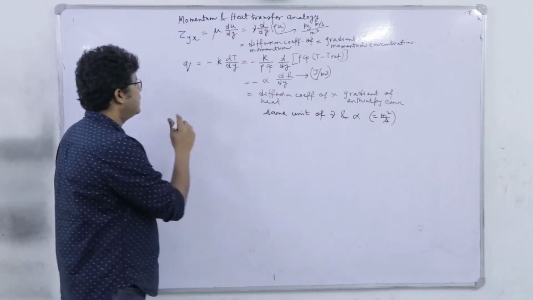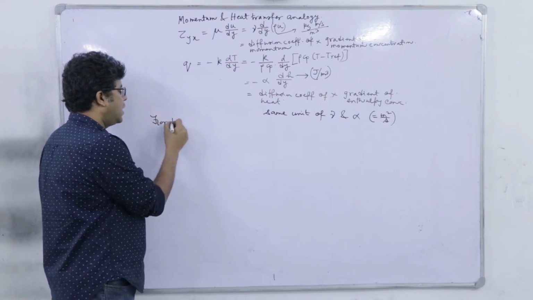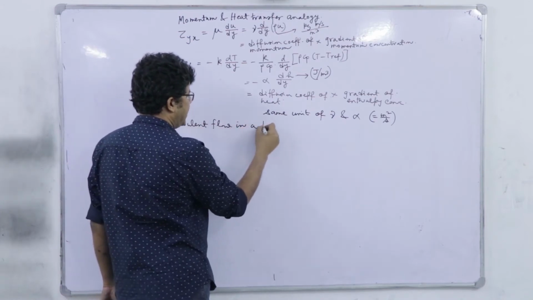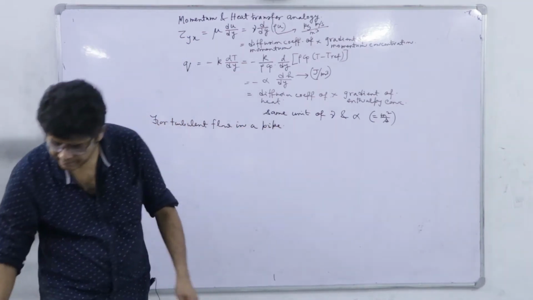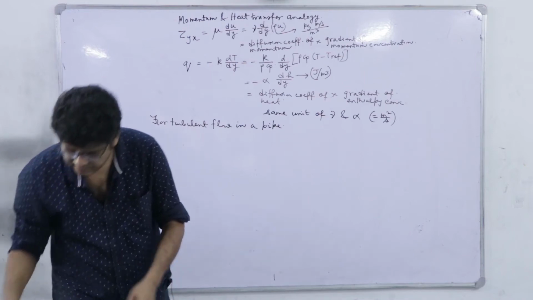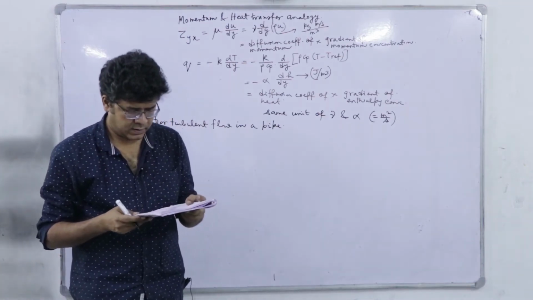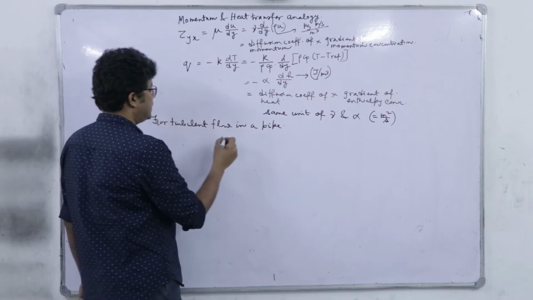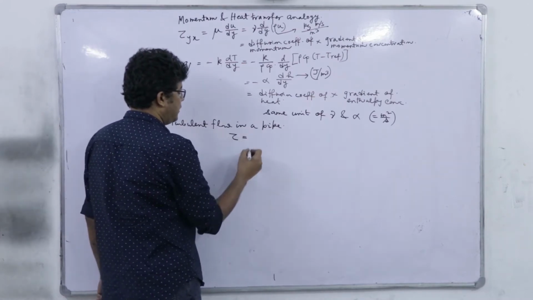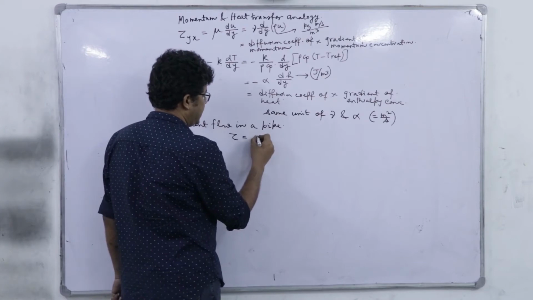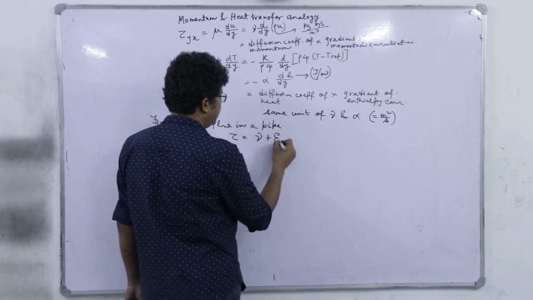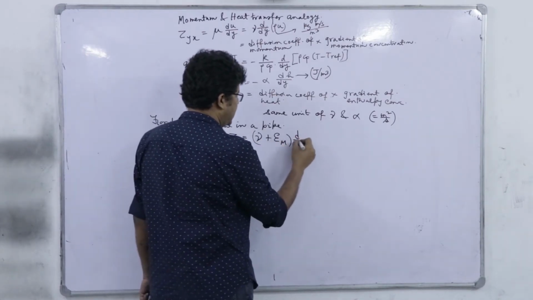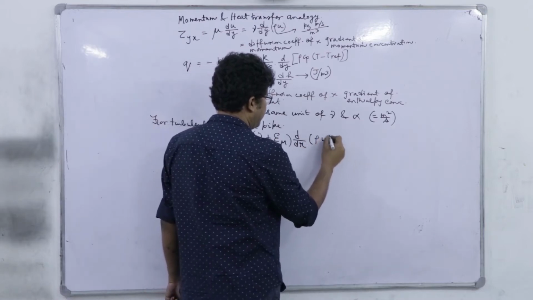Now, see, for turbulent flow in a pipe, tau is equal to, we can write it as, nu plus epsilon m, that is the eddy diffusivity of momentum, into d dr, radial coordinate, of rho into u.